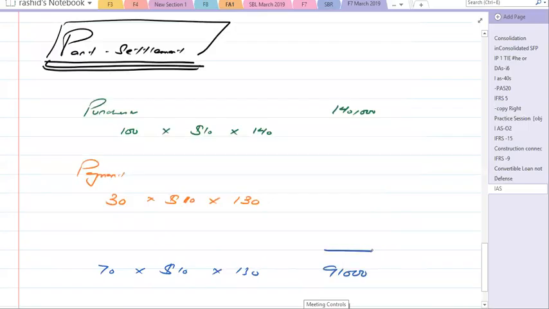This is the balance. This is what you are paying: 30 units. This is 39,000. So the difference of these two compared to this will be your gain or loss.